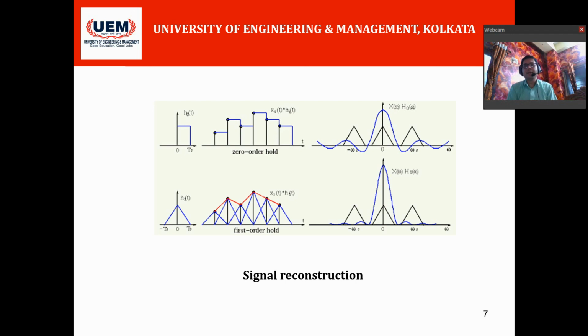Now when I'm trying to listen to that video, what is happening is that I am actually reconstructing the discrete time signal, or the digital signal, that is stored on the computer. Because I won't be able to listen to a discrete time or a digital signal. Humans can only recognize analog or continuous time signals, mostly analog signals. So it has to be reproduced. That is signal reconstruction, a basic example.